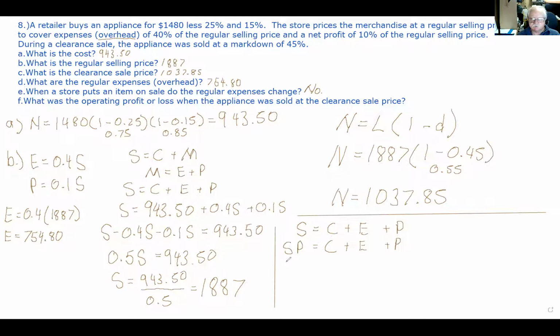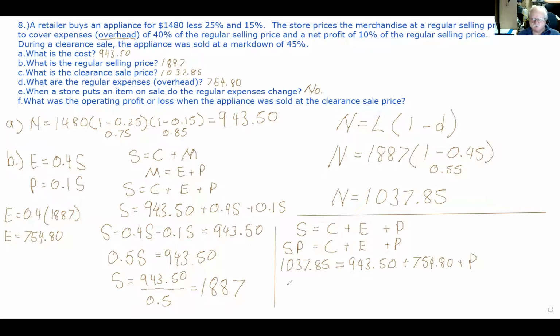So their sale price was 1037.85. Their cost was $943.50. Their expenses didn't change. That's why they wanted us to make sure we knew they didn't change. 754.80 plus profit.